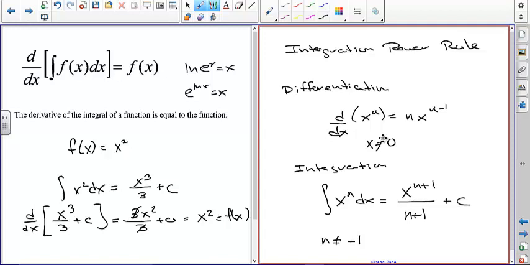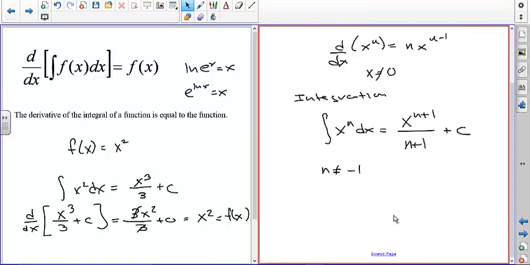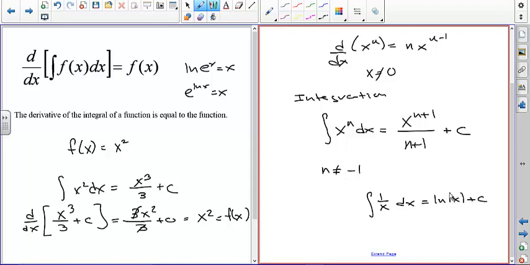The only power that we can't handle here would be the integral of 1 over x dx. That's when n equals -1. It'll turn out in chapter 5 that this is equal to the natural log of x. So for that one special case, it's the natural log. But otherwise, for any other power n, all you do is add 1 to the exponent and divide by the new exponent.